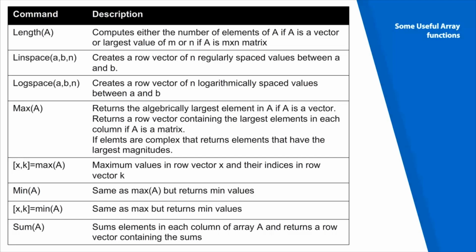Then we have x comma k equal to max of A. This returns the maximum values in a row vector x and their indices in the row vector k. Then we have min of A that works similarly to max. Similarly, we have x comma k is equal to min of A, which is the same as max, but it returns the minimum values. Then we have sum of A. This sums the elements in each column of array A, and it returns a row vector containing these sums.